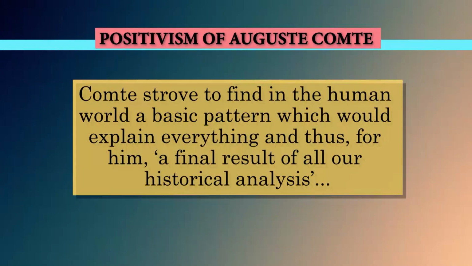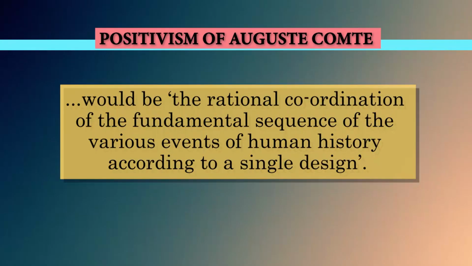Comte strove to find in the human world a basic pattern which would explain everything, and thus for him the final result of all historical analysis would be the rational coordination of the fundamental sequence of various events of human history according to a single design. So human history will follow a single design.